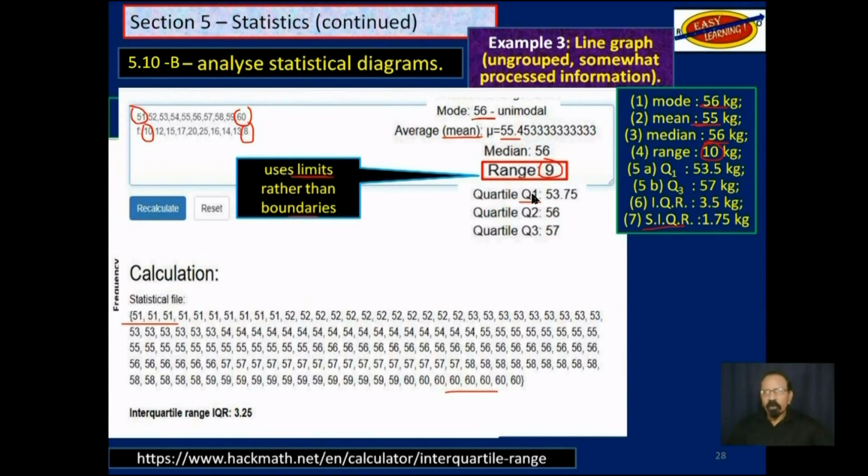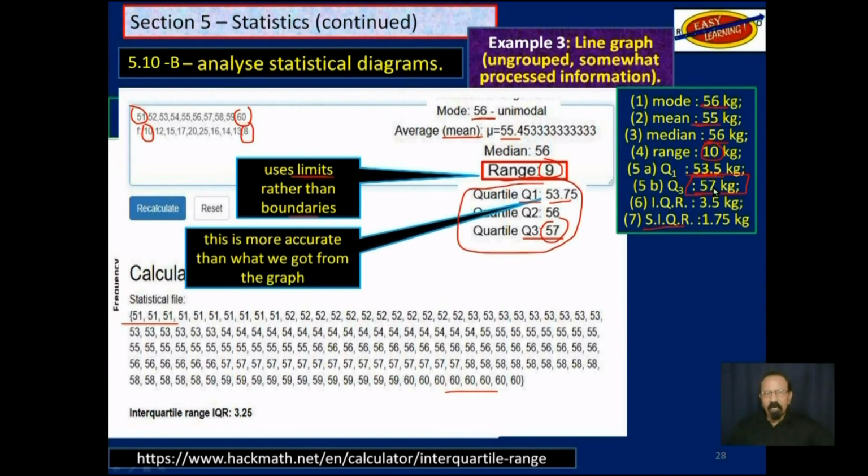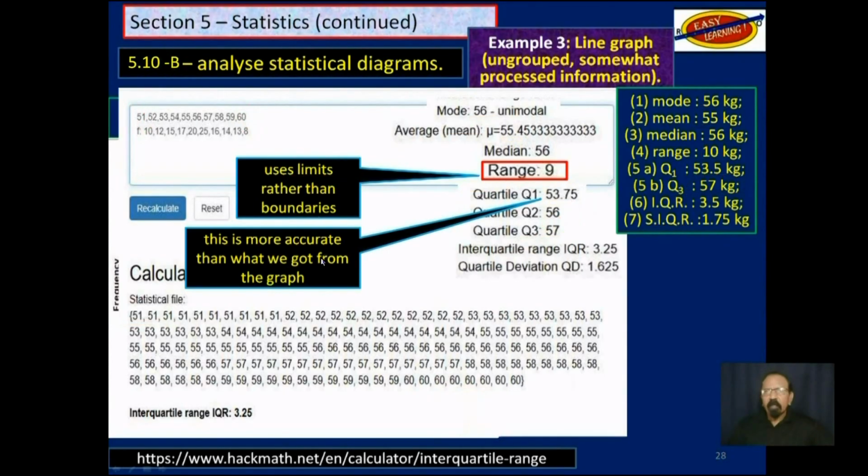The first quartile, 53.75. Okay, we got 53.5. Q3, 57 online calculator. We got 57. Keep in mind that the online calculator is more accurate than the information we extracted from the graph. Interquartile range, 3.25. And we got 3.5. That is because of this Q1 that we had different from the online calculator.